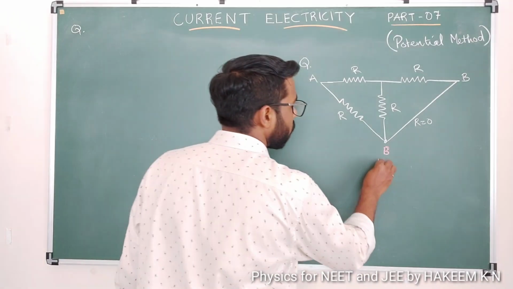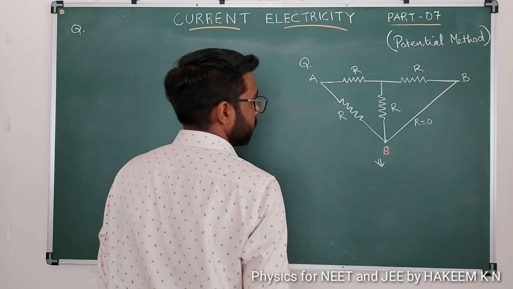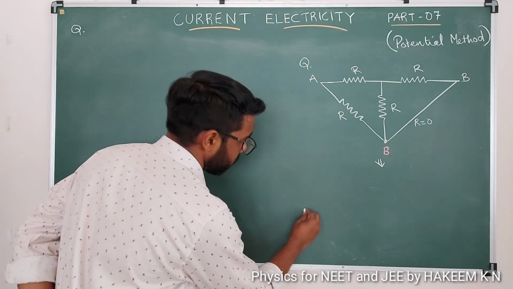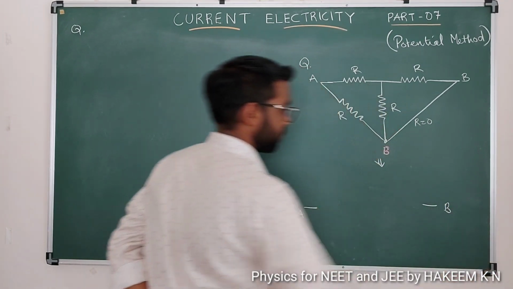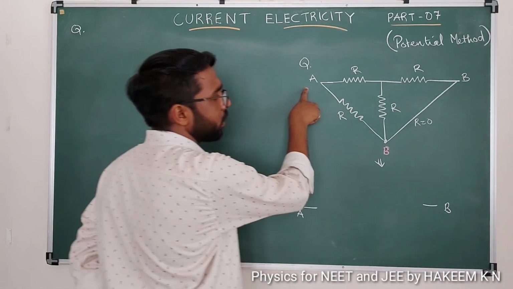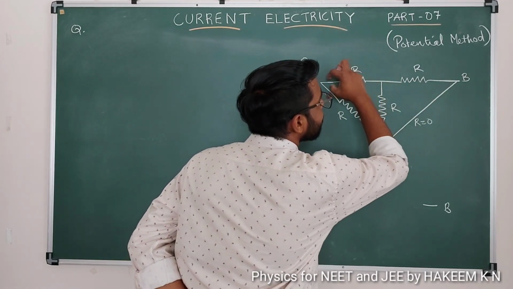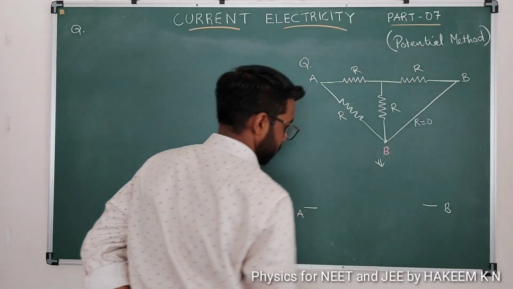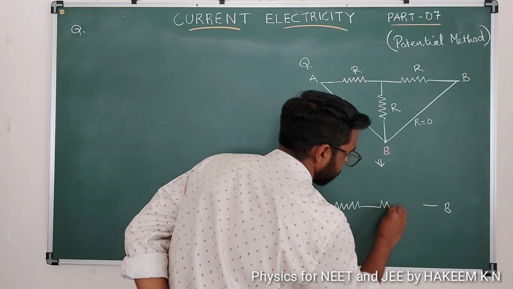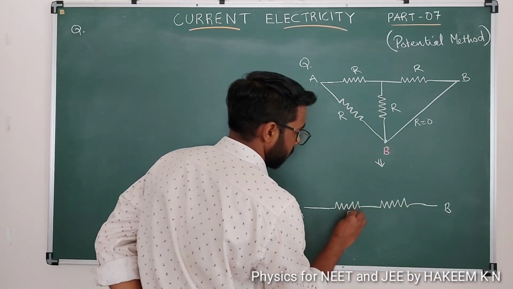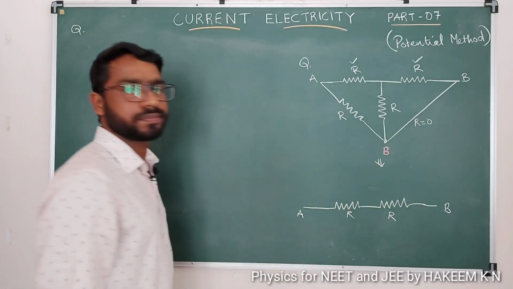Now we can draw the equivalent network. First I am drawing A and B, right? Here it is A and here it is B. From A, there are two resistances in series connected to B. That I am drawing first. R. These two I made here.